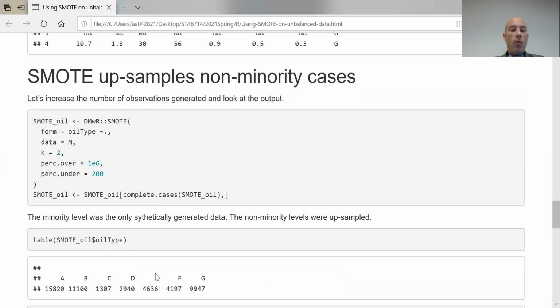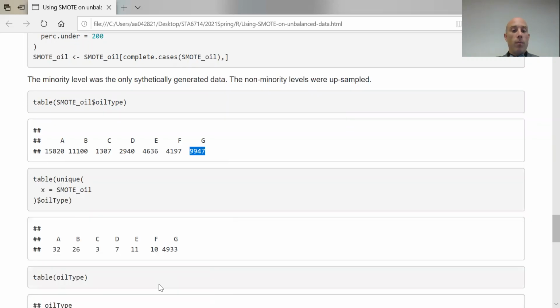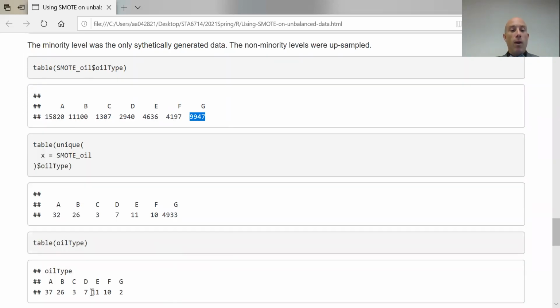After I do this, we can see that now we have more observations in our data for A, B, C, D, E, and F, and we have more observations for G. Now, how does that compare to the original? Well, down here is the original. G is not the most frequent level, but now it's the third most frequent, which is a huge jump from where it was. Here's the original.